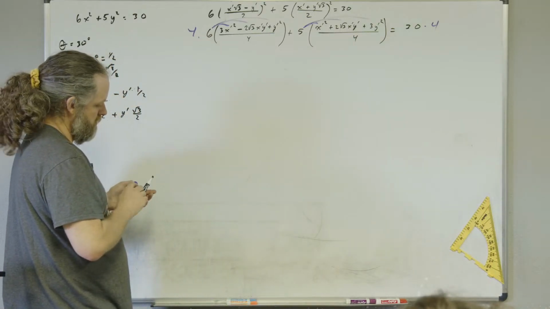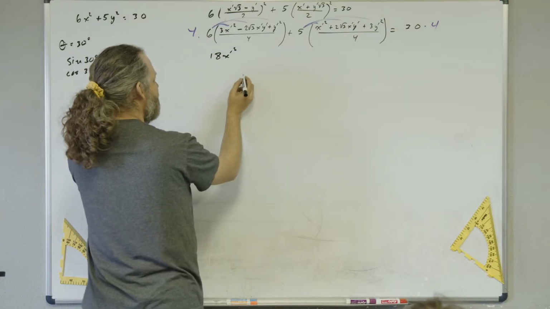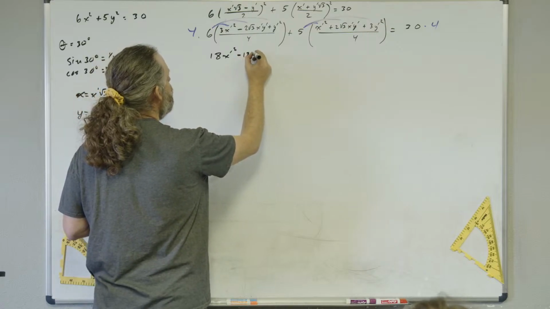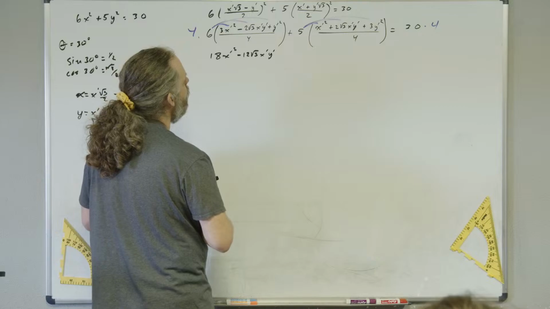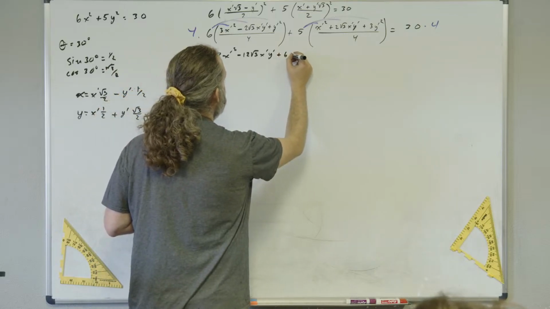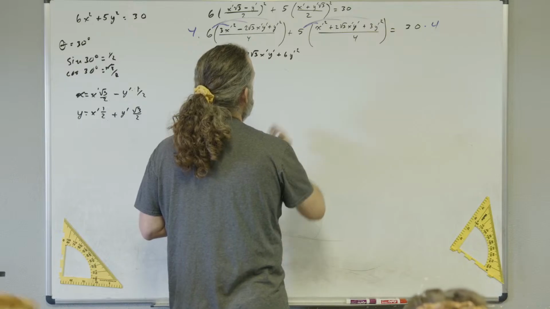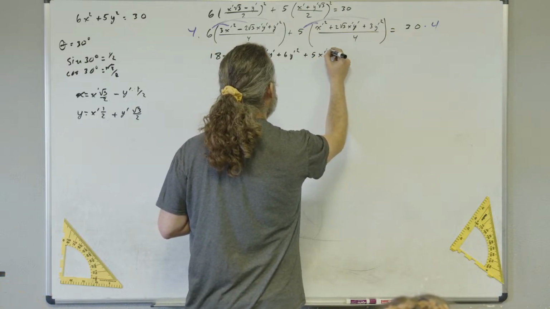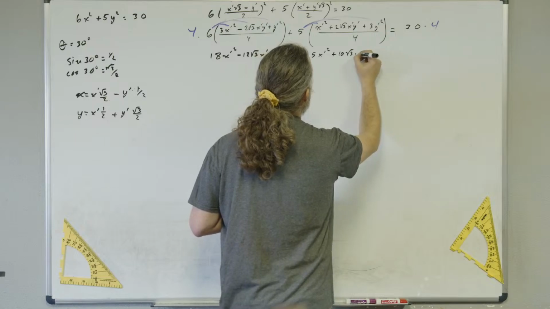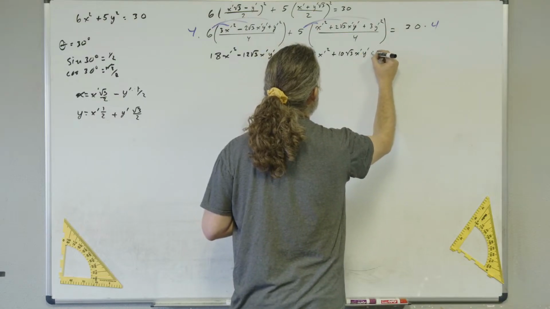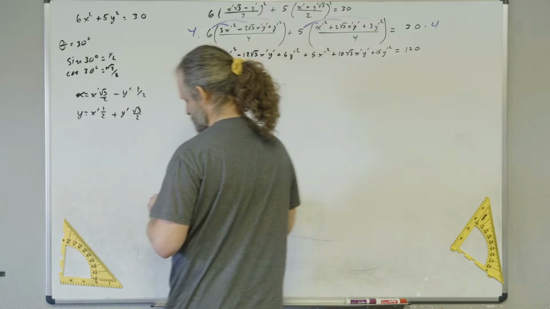So 18x prime squared minus 12 square roots of 3x prime y prime plus 6y prime squared plus 5x prime squared plus 10 square root of 3 x prime y prime plus 15y prime squared equals 120. Right?